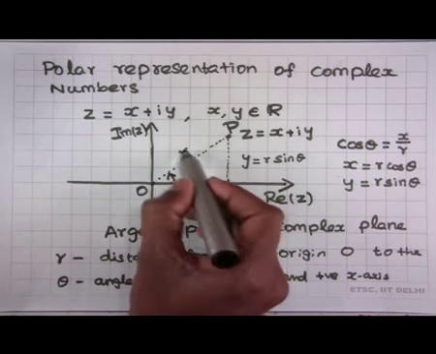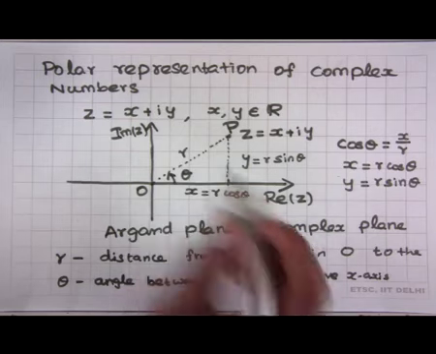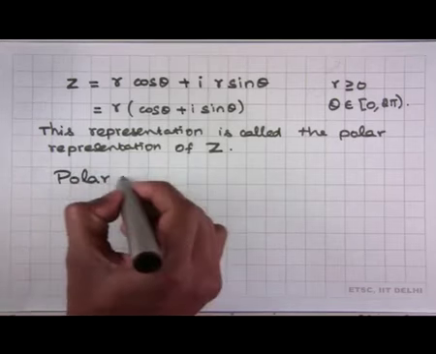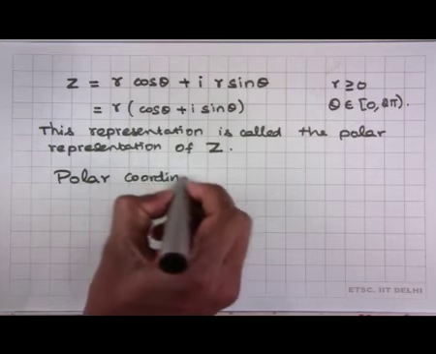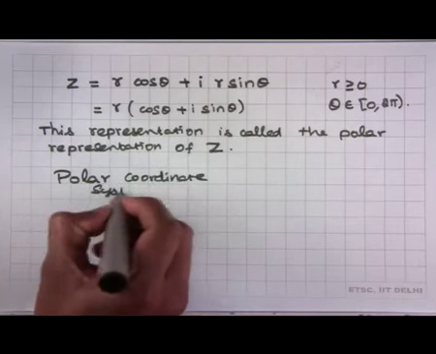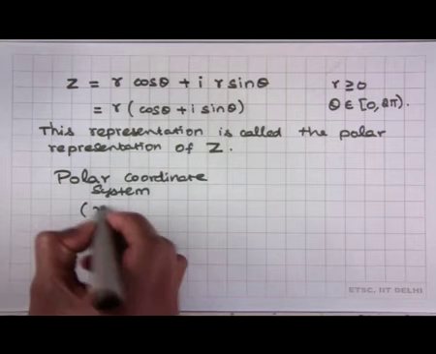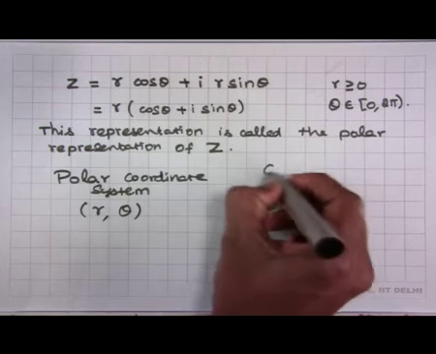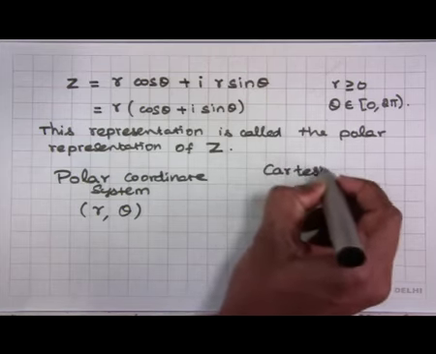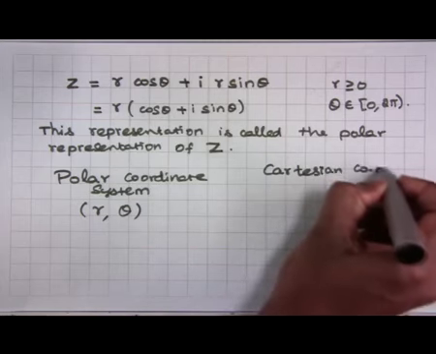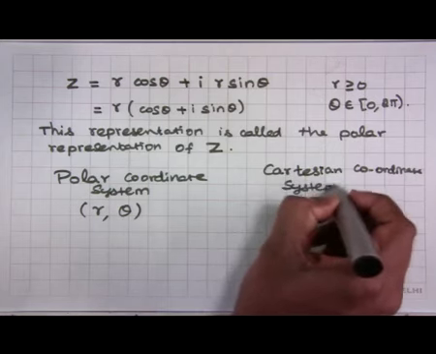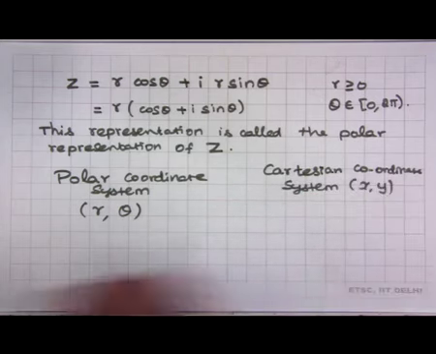So here we get the pair r and theta, which is called the polar coordinate system, which is just the distance from the origin and the angle, and what we are familiar with is the Cartesian coordinate system, which is x comma y.